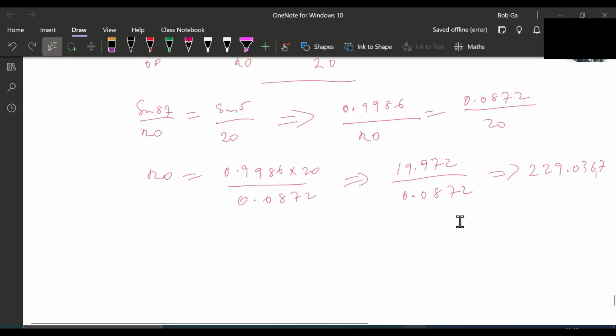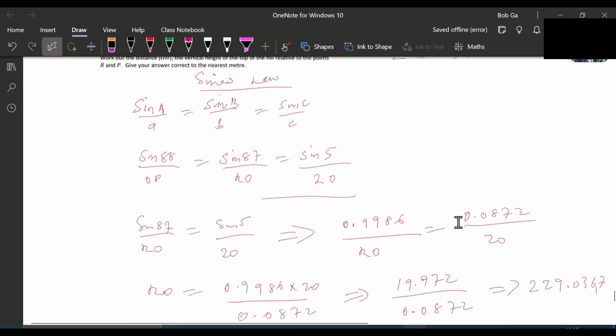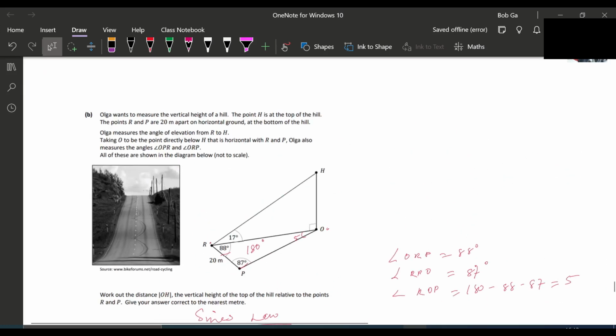Now that we found our RO, we can use it to look for OH. This is our RO here, and we know that tan 17 is equal to opposite over adjacent. That's the formula.